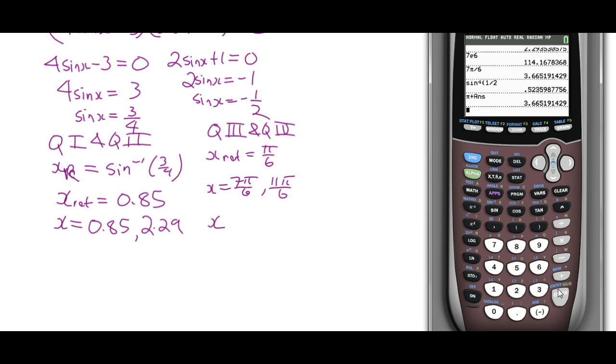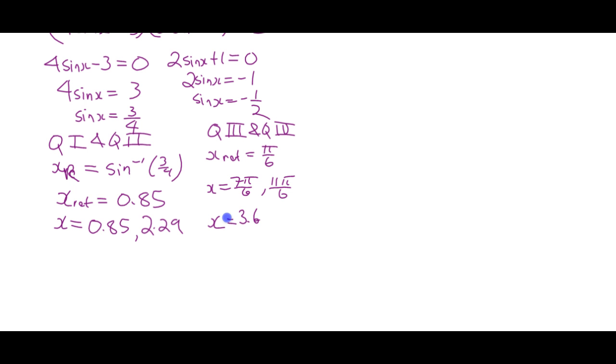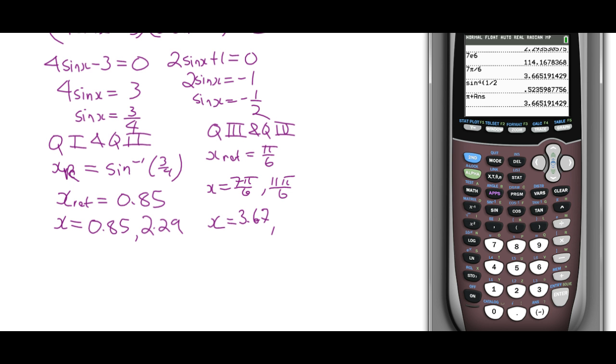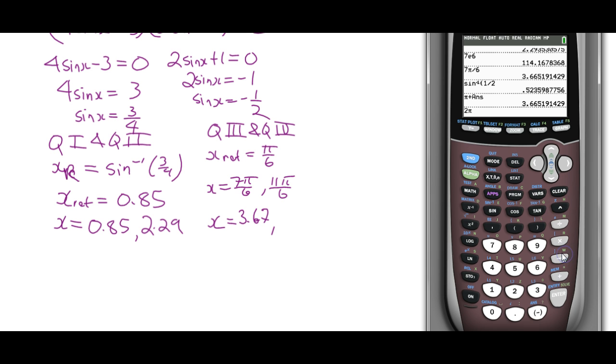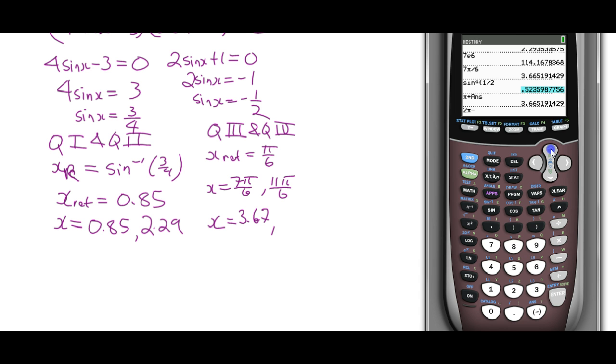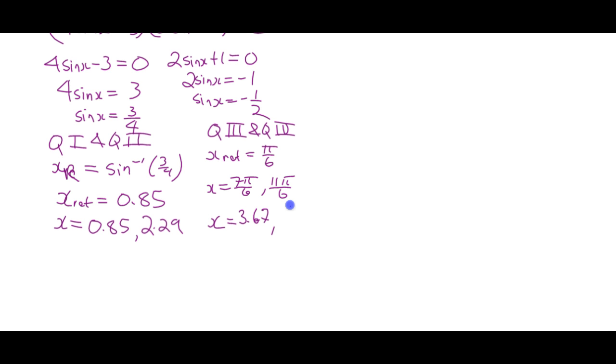So 3.67. And I can go 2 pi minus, so it's also quadrant 4, right? 2 pi minus this number here, 5.76.